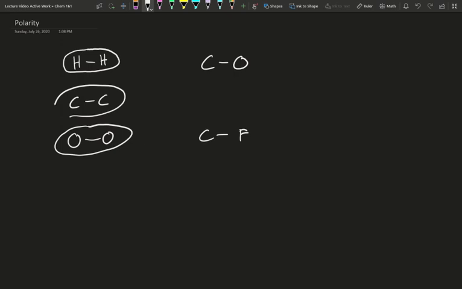And so while equivalent atoms share equally, unequivalent atoms will skew towards the side that is more electronegative. And the bigger the difference, the bigger that skewing is going to be. Fluorine at 4.0 is just all the more electronegative than oxygen, and so it pulls even harder.